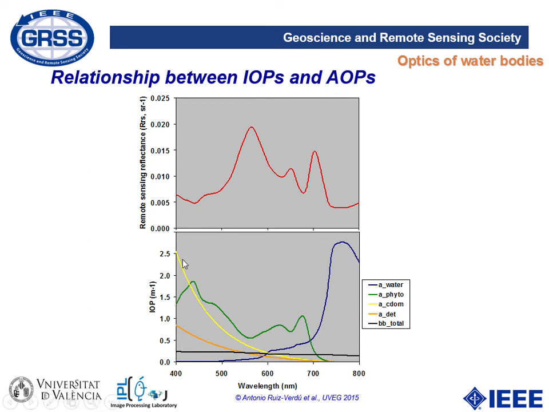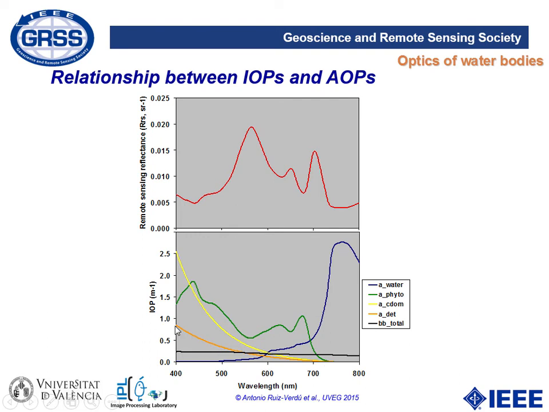Here in yellow we see the typical absorption shape of the CDOM, which decreases approximately exponentially from blue and ultraviolet wavelengths towards green and red wavelengths.